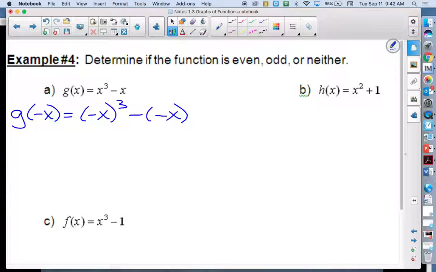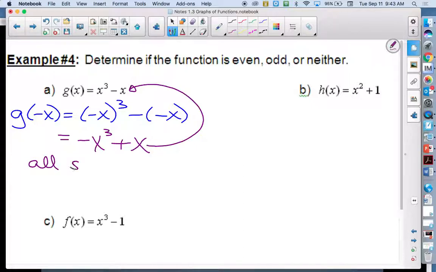What happens when you have a negative x cubed? It becomes negative x, and it's cubed. And then if you have a negative x, it becomes plus x. So if you compare that to the original problem, what would you say? All the signs changed. So we started with x cubed, we now have negative x cubed. We started with negative x, we now have positive x.